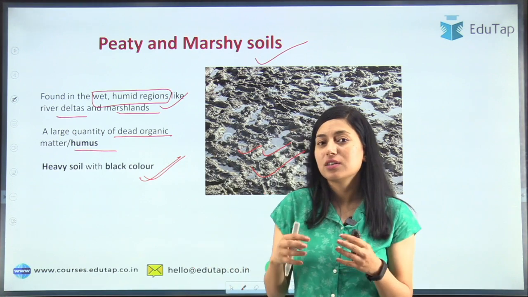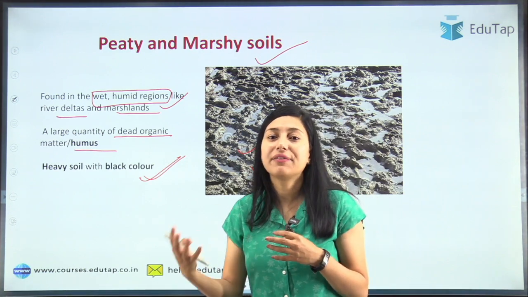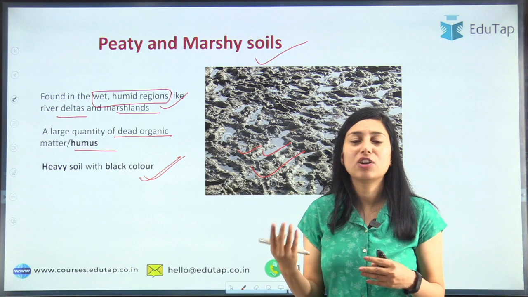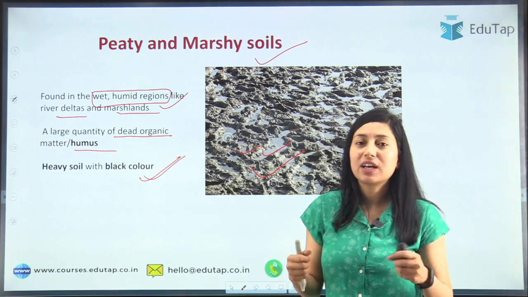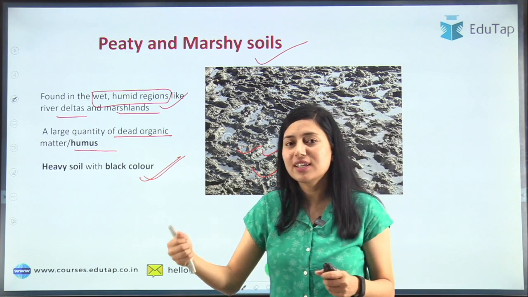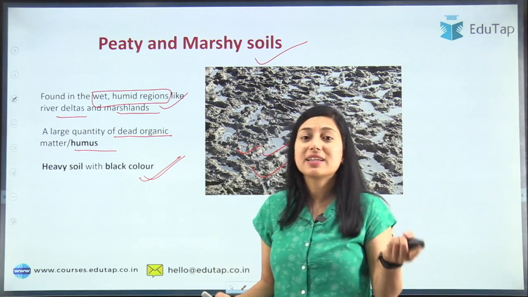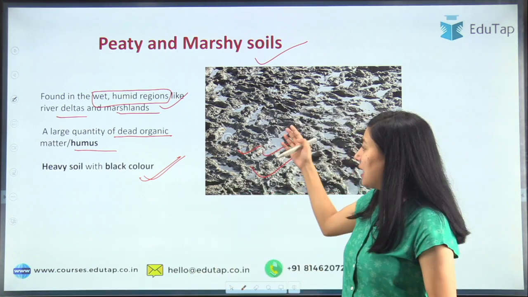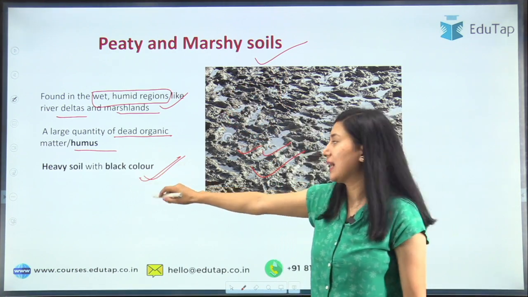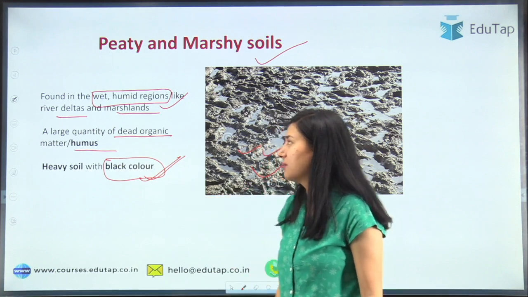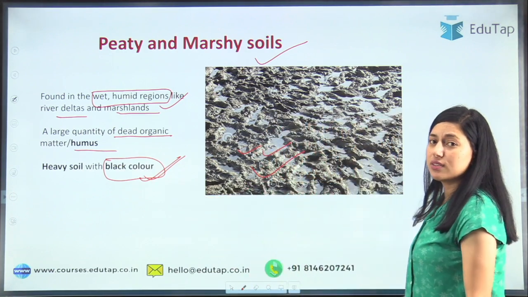So in terms of that we are saying heavy soil or light soil. Light soil is your sandy soil and heavy soil is your clay soil, because tillage operation is done easily in sandy soil, that is why it is light. In clay it is not done easily, that is why it is heavy. So that is why we are saying that your peaty and marshy soils are heavy soils with black color. The color is black.